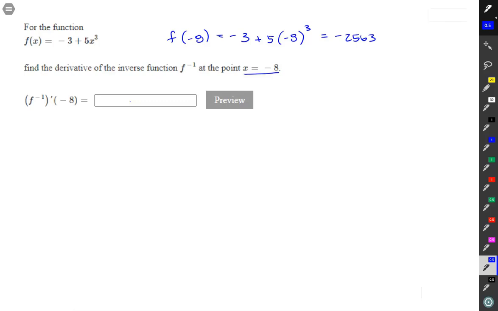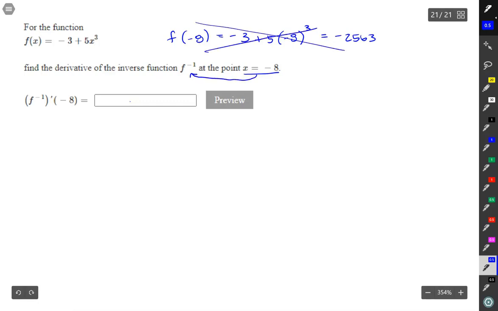So, the key here is the point x equals negative 8 is on the inverse function. It's not the one we're interested in on the original function. The original function has points like x and f of x, or x, y, which is the same as x, f of x.